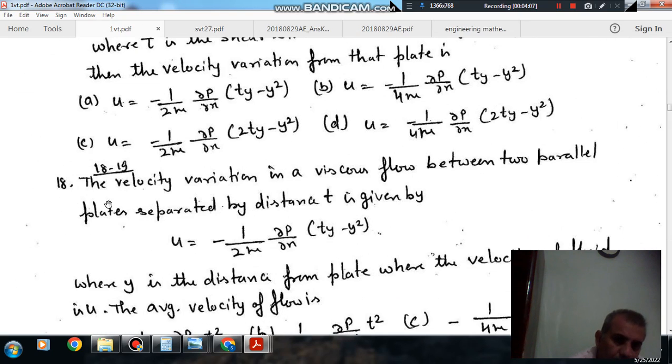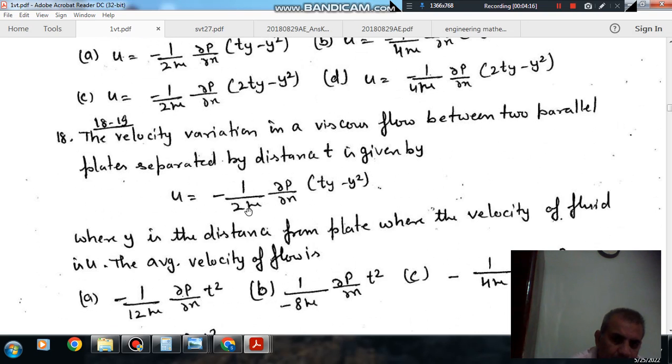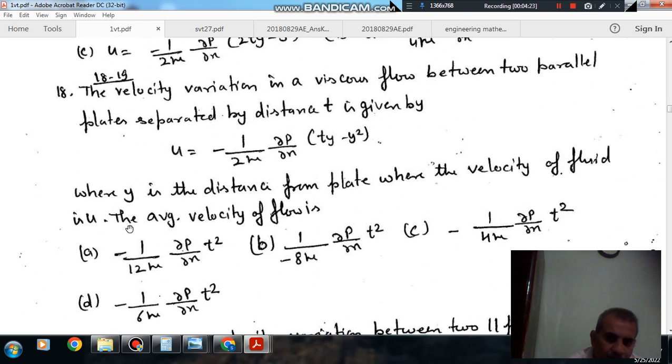Next, the velocity variation in a viscous flow between two parallel plates separated by distance t is given by u = -1/(2μ) ∂p/∂x [ty - y²], where y is the distance from the plate where the velocity of fluid is u.